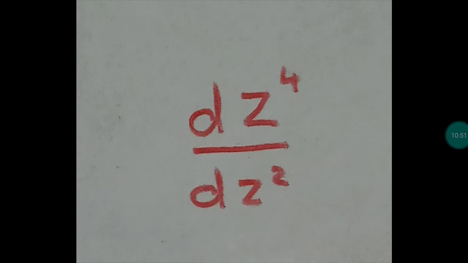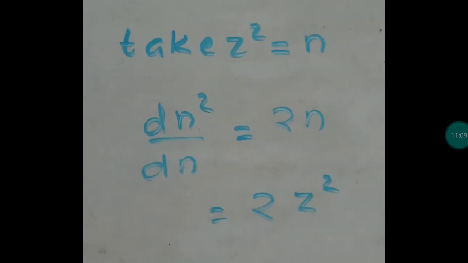This one is going to give you a little trouble. This is differentiation of z raised to 4 with respect to z square. Okay, differentiation of z raised to 4 with respect to z square. Now there are two methods to solve this question. The first method is this.